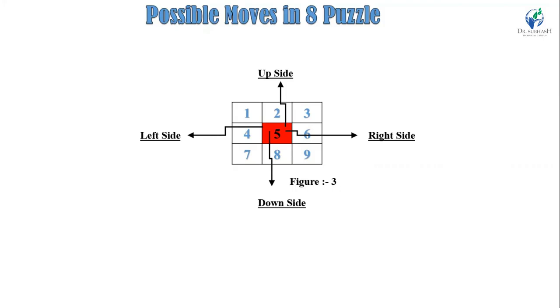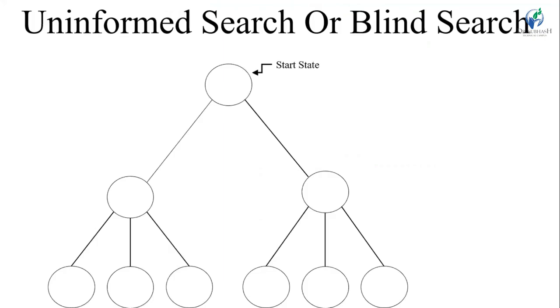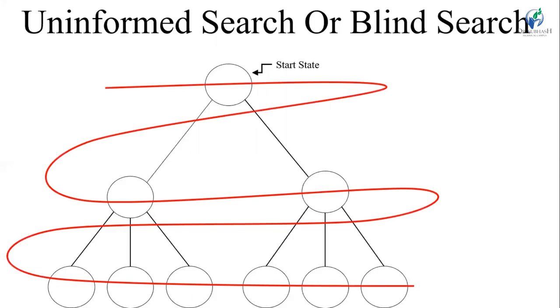It works like this: consider this is our start state. Based on that, we find its successor nodes until we reach our goal state. First, consider the start state, then level 1 or depth 1, then level 2 or depth 2, which means we explore or expand every state.